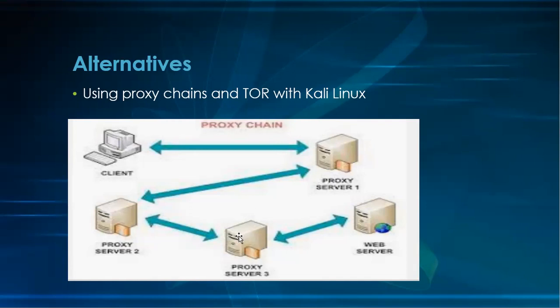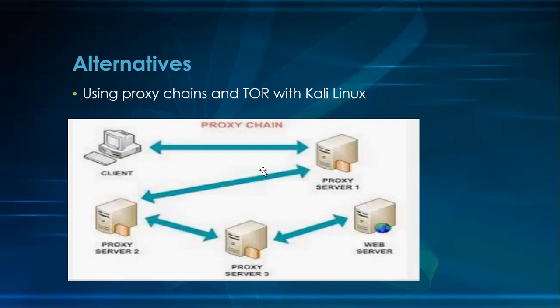Well, that would trace it back to proxy server 2, and they would have to essentially get into proxy server 2 and then look at those logs and see that it came from the client. Or if they were able to somehow get the proxy server 1 log, that's the only one they really need, since the entrance node would show that initiation, to show where that traffic originated from.